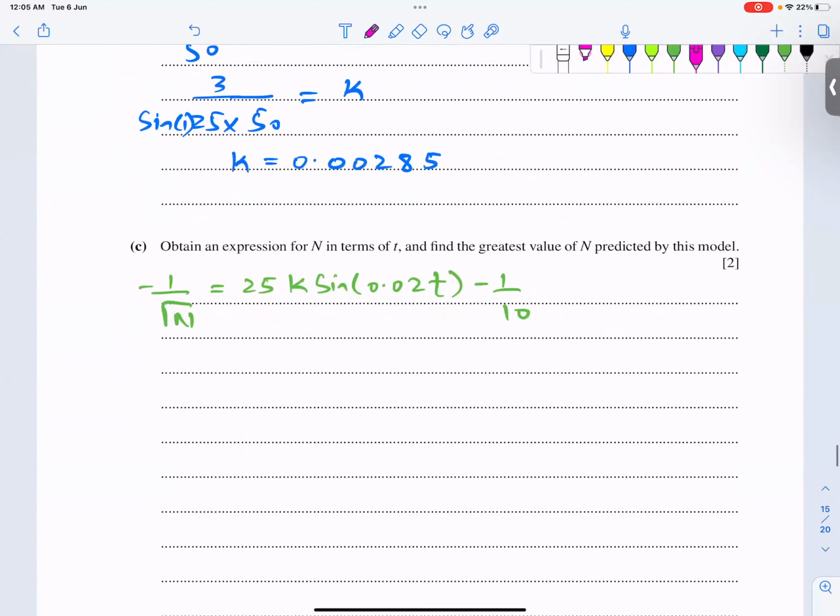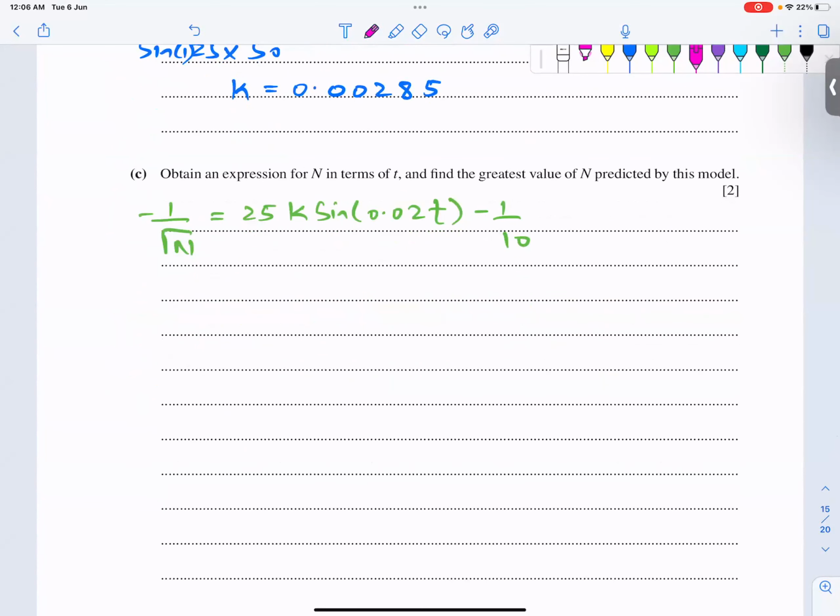Okay. So first of all, take the right hand side LCM. So this will become 250k sin(0.02t minus 1) divided by 10.